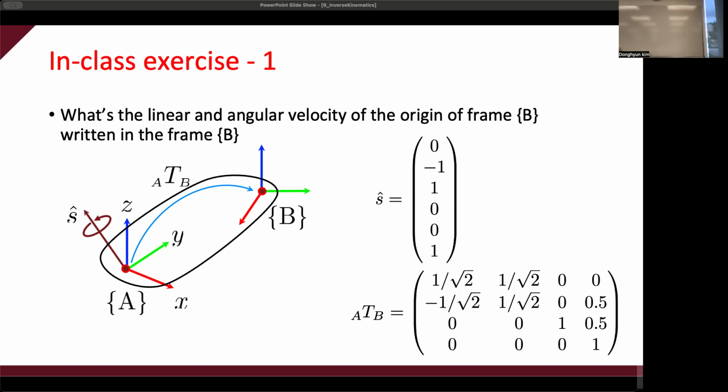In the global frame, your angular velocity is stable, and the linear velocity is this one plus the velocity introduced by the angular velocity. So I'm multiplying this linear velocity and representing it in the frame.